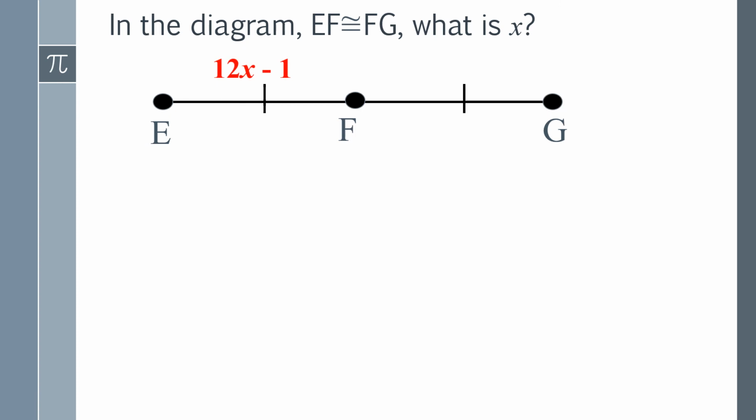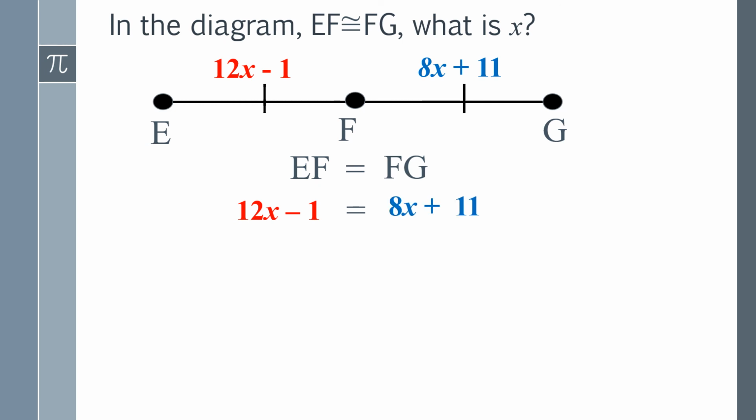So the expression that represents EF is 12x minus 1. 8x plus 11 represents FG. And since both of these segments are congruent, we say that segment EF is equal to segment FG. So substitute 12x minus 1 back in the place of EF and set it equal to the length of segment FG as the expression 8x plus 11.